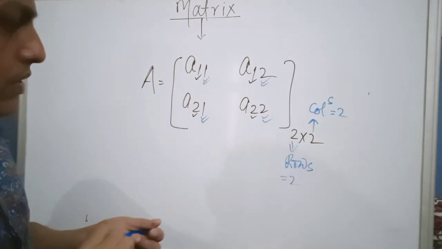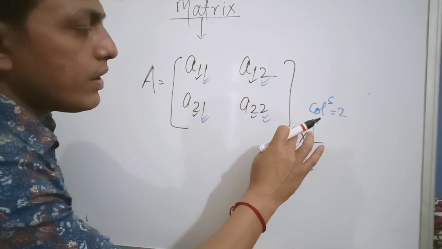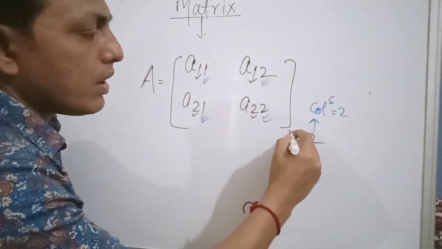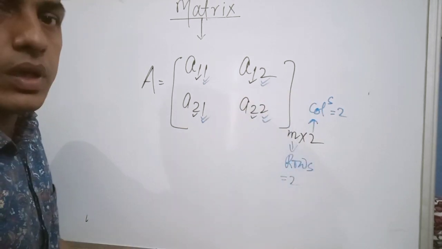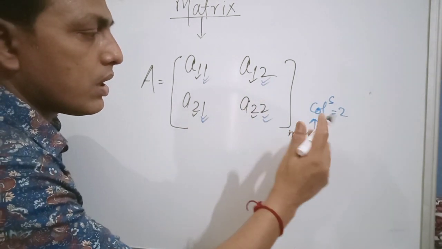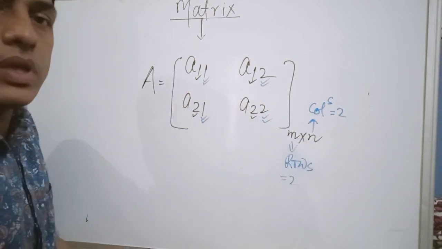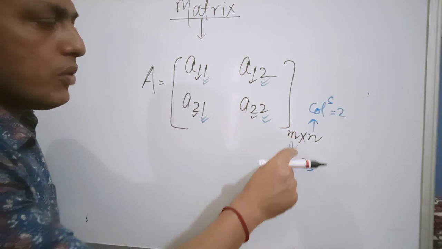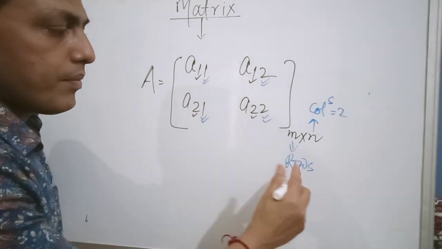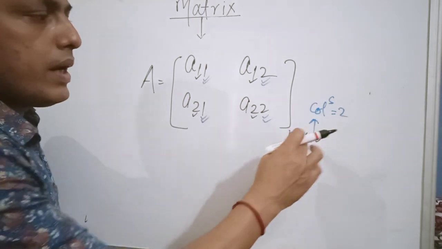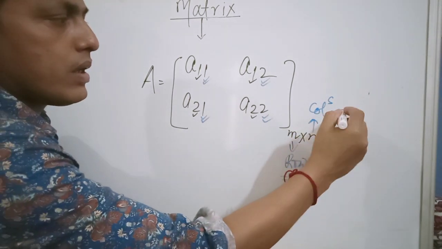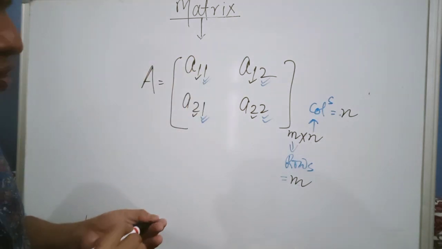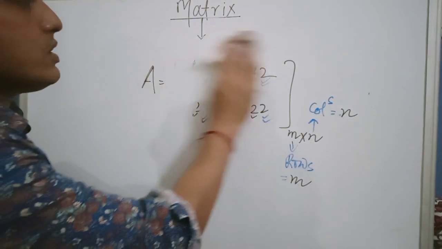Generalize it. Suppose we have m rows and n columns. So the number of rows is m, number of columns is n. So how will the representation of the matrix be?